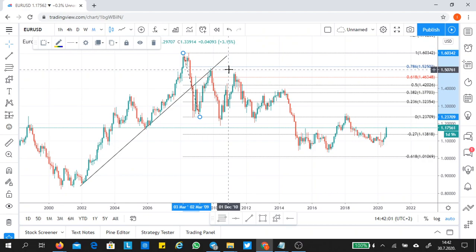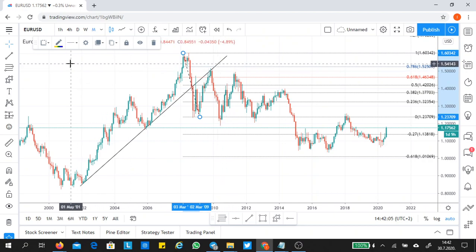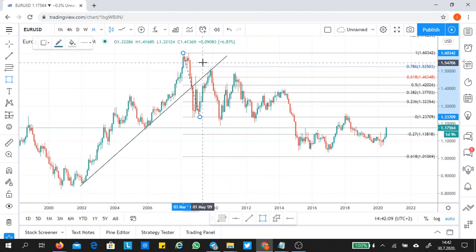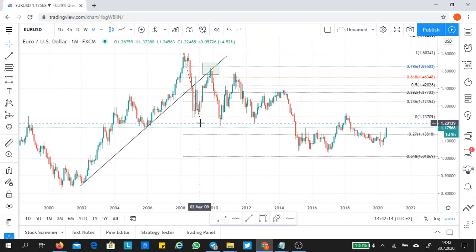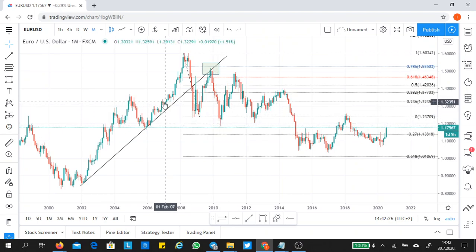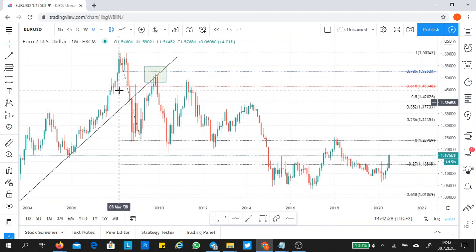So 61.8 and 78.6 are the most important retracement levels. So at this point in time there was a really good short opportunity on the euro dollar, and from 1.50 to let's say 1.18, you have quite some pips to catch.